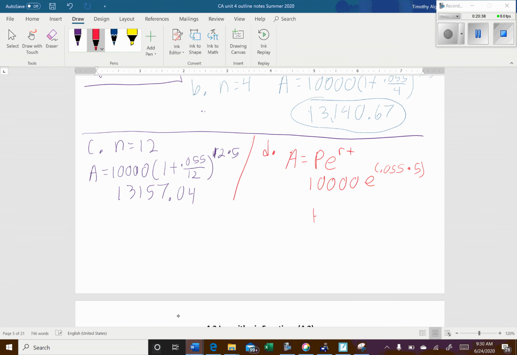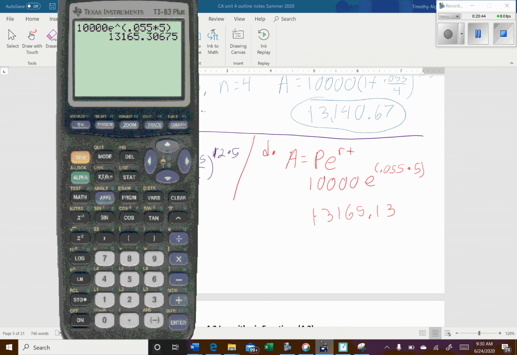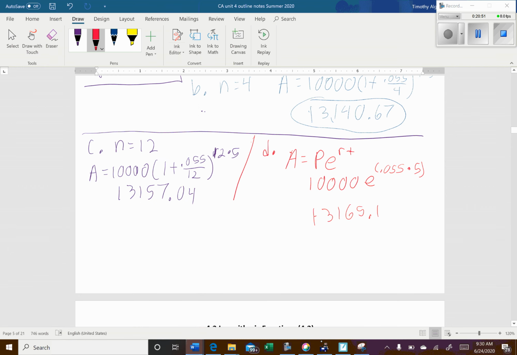So 13,165 and 13 or 31 cents. Sorry, my dyslexia is kicking in. All right, so let's see, 31 cents. There we go. So that would be what we'd get in return.